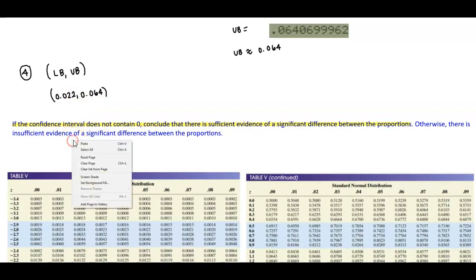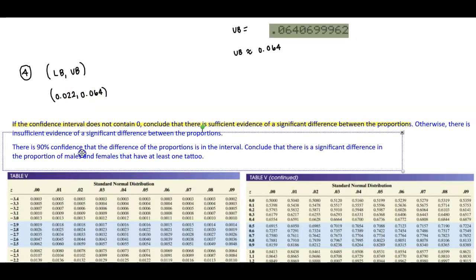Okay, so now we can state our conclusion. We can say that there is 90% confidence that the difference of proportions is in the interval. We conclude that there is a significant difference in the proportion of males and females that have at least one tattoo.